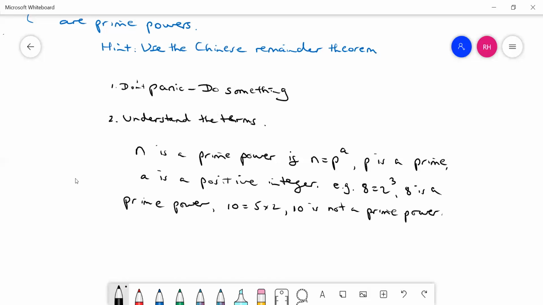And you might just want to think a bit more, like 20. 5 times 2 squared is not a prime power. I mean, one of the divisors there, 4, is a prime power, but that doesn't matter. 20 itself is not a prime power.